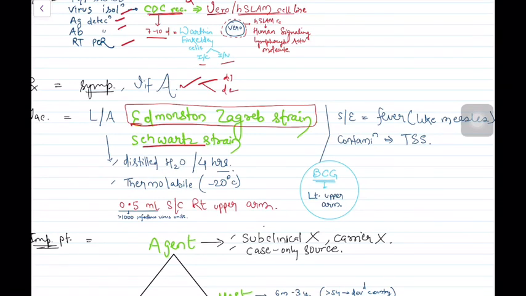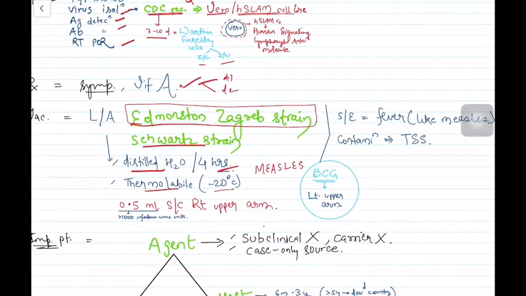Now how do you use it? You have to reconstitute it in distilled water and use it within 4 hours. It is thermolabile, so it should be stored at minus 20 degrees C. The dose is 0.5 ml subcutaneous in the right upper arm.